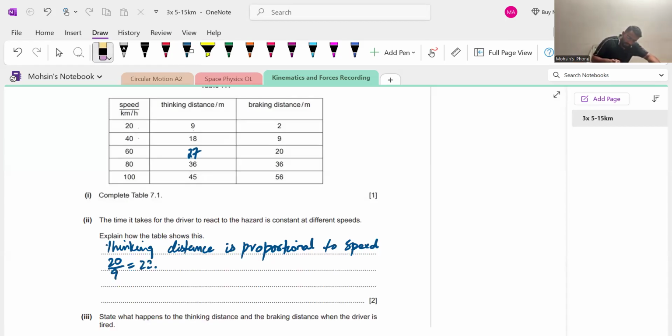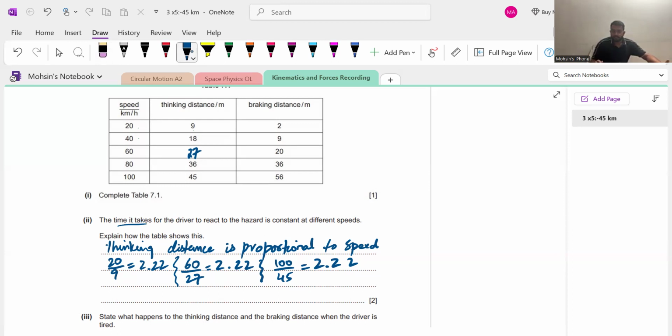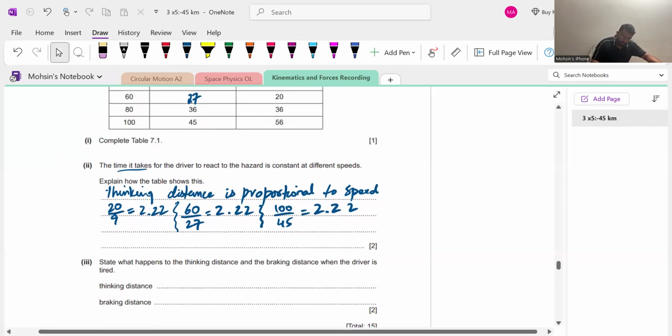When two quantities are proportional, their ratio is always constant. So 60 divided by 27 is again 2.22, and if I divide 100 by 45, I will again get 2.22. So it means they are proportional to each other. That's why the time it takes for the driver to react is the same. It is proven by this.